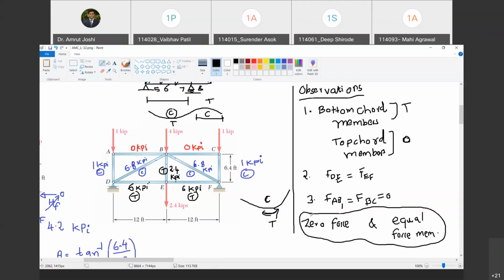So this is what now I am going to work upon. I am going to now let you know what is a zero force member, how to identify them in a given structure, and how to identify equal force members. उसके लिए 3 लॉज है, वो लॉज हम फॉलो करेंगे, उसके बिहाइंड जो लॉजिक है वो भी मैं आपको समझाऊंगा. So in a nutshell, you will be able to identify these members even without writing a single equation. Are you with me?